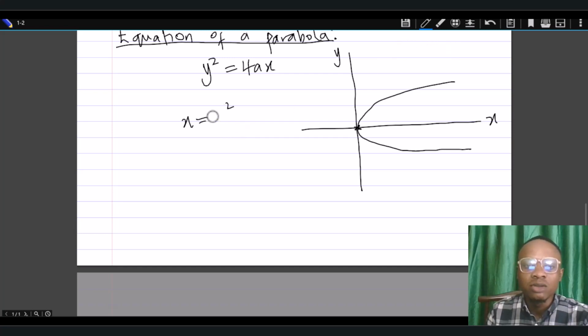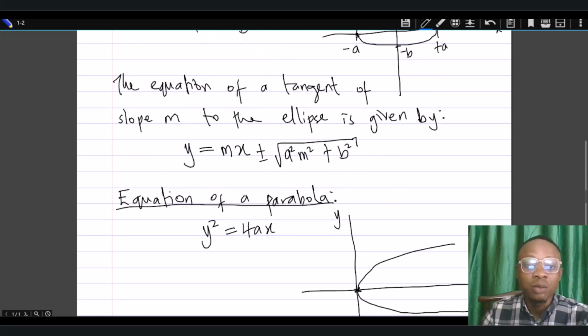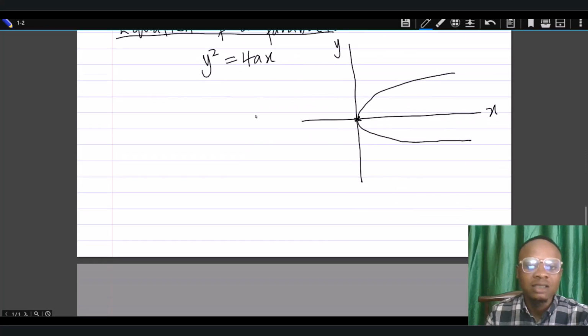So what else do we need for the parabola? We also need the equation of a tangent of slope m to the parabola. What is that equation?